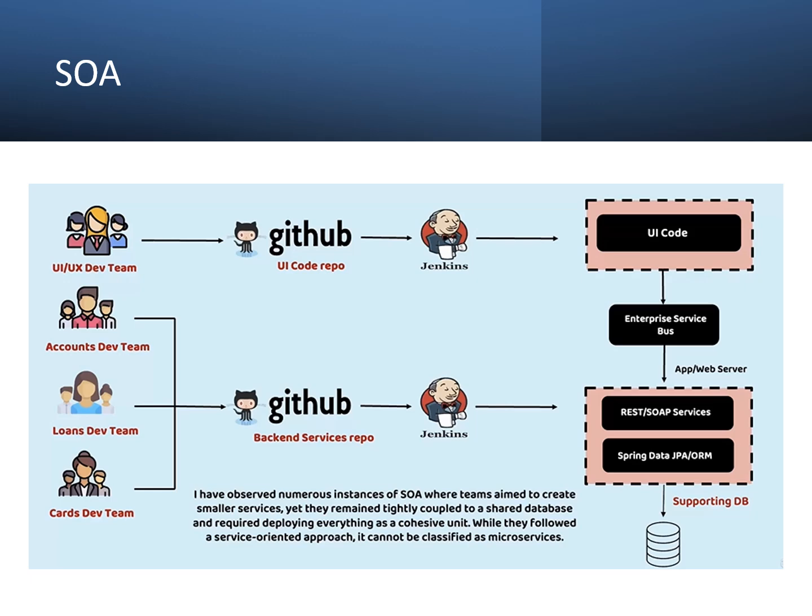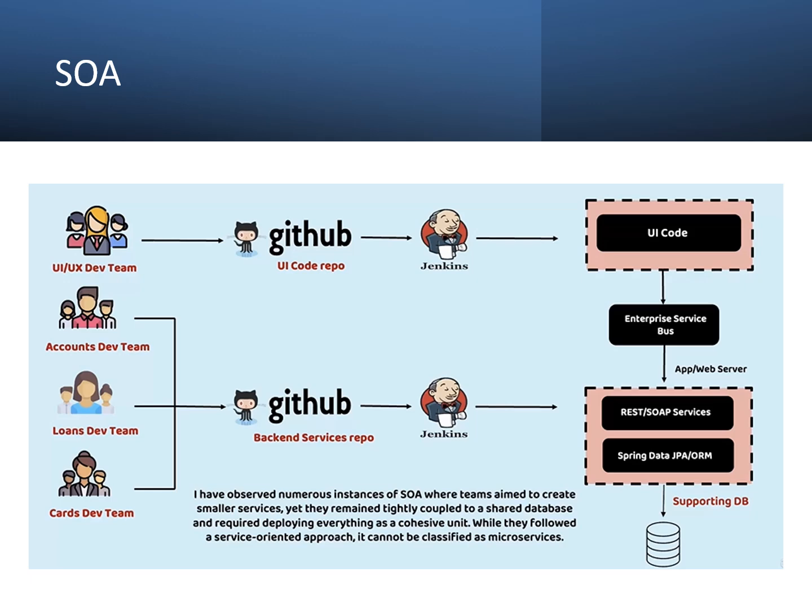Inside SOA, you can see the UI team has a separate code repo, and the backend team has a separate backend repo. Using these two separate code repos, there is a separate deployment onto separate web servers.